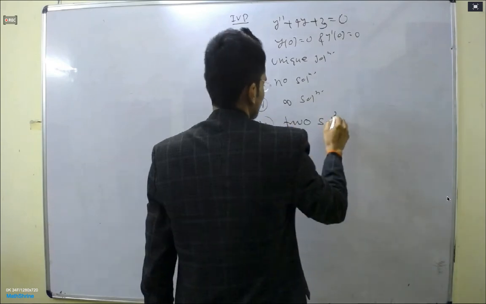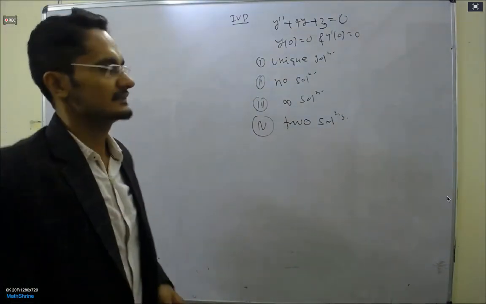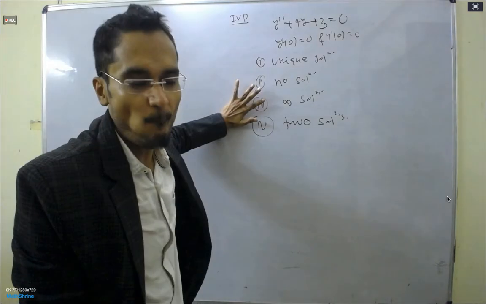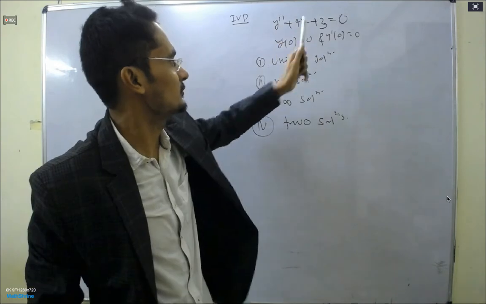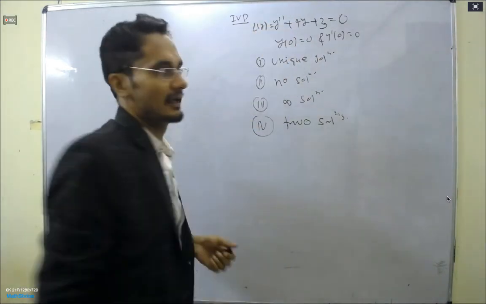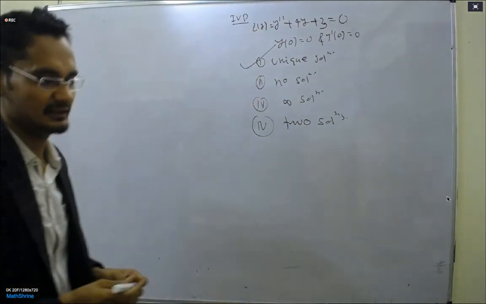So whenever this is an initial value problem, the solution is always unique. This is the homework part, you can go and calculate. Because you will get a solution C1y1 plus C2y2, and C1 and C2 can be determined very easily because two conditions are given. Two conditions are sufficient to calculate C1 and C2.